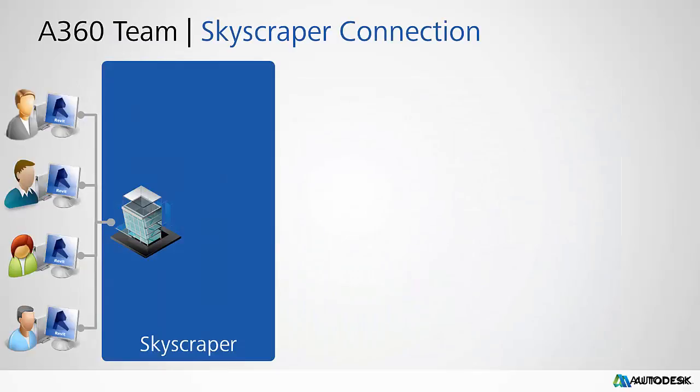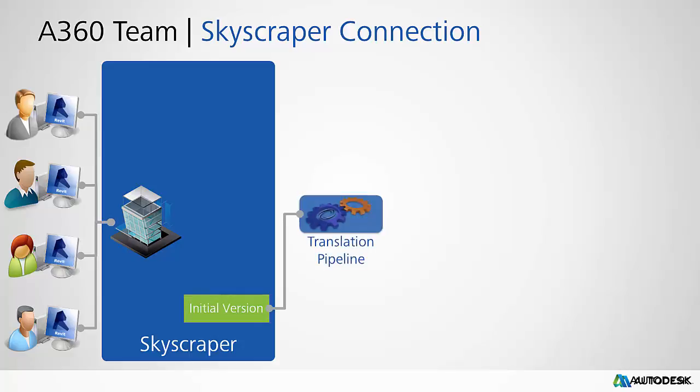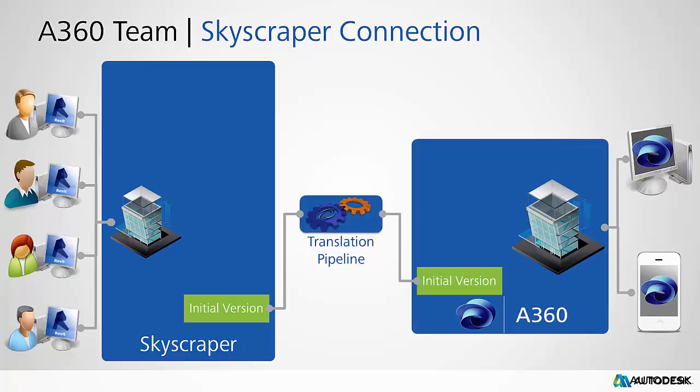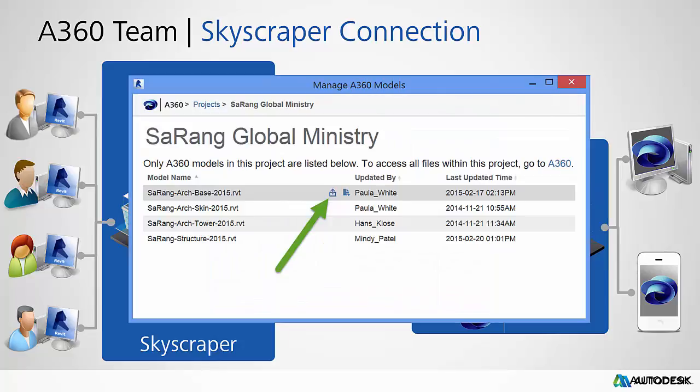So with Skyscraper, we have the users who are working in the mechanical, electrical, plumbing, structural, architectural space. There's the initial version that translates through onto the A360 Team Hub. The initial other users can read it on the 360 devices. Then there'll be the initial sync to centrals.